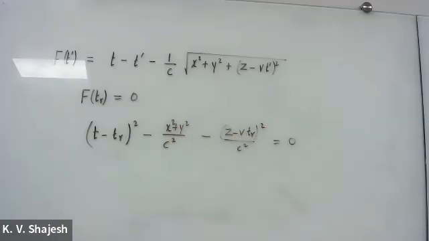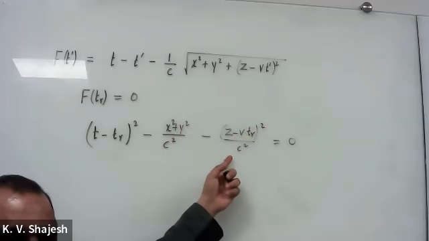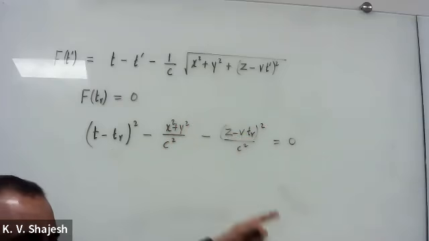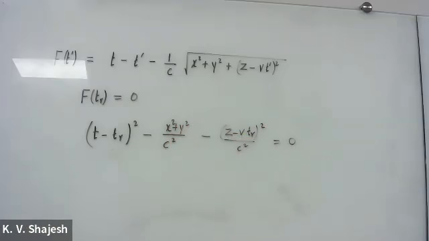Correct. That's the equation we want to solve for t_r. Like we want to find the roots for t_r. How many roots will there be for this equation? 2, because its power is 2.